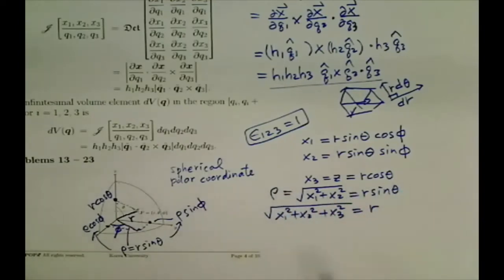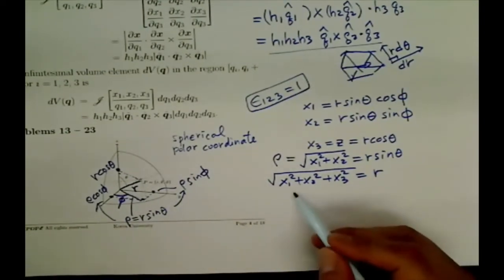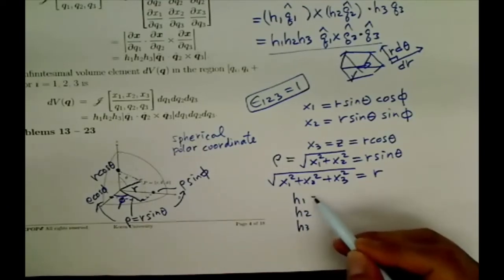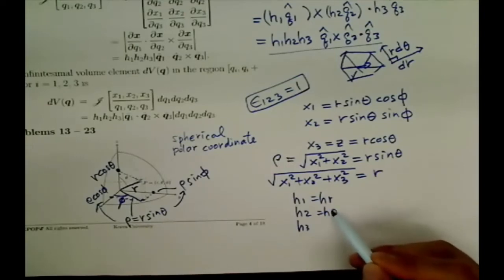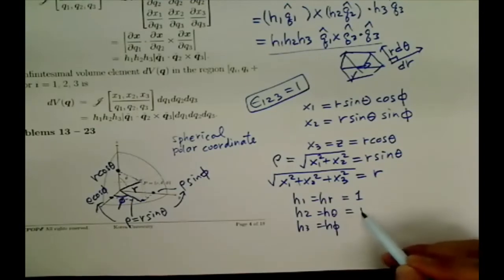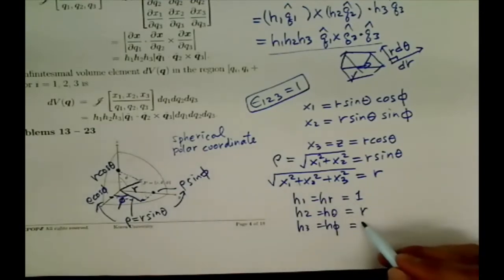This rho is the square root of x1 squared plus x2 squared, that is r sine theta. And if I square all the Cartesian components, add them up and take the square root, you will find r. The scale factors h1, h2, h3, that means h_r, h_theta, h_phi, are 1, r, and r sine theta, which we will study later.